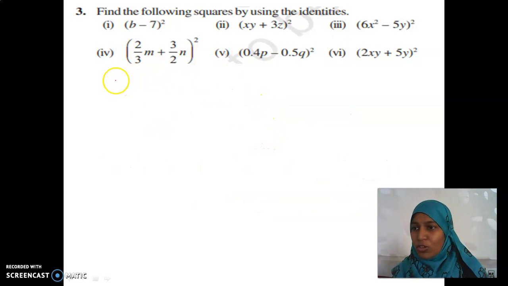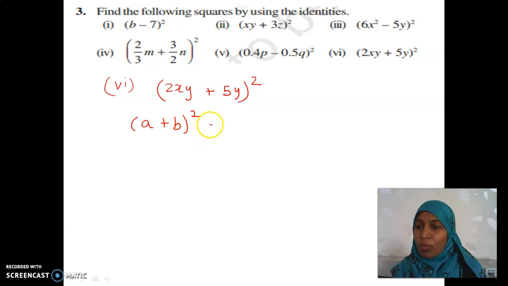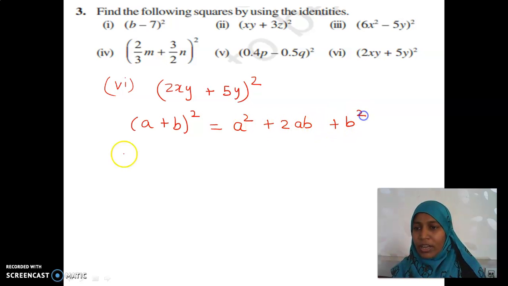Here I am going to do the 6th problem: 2xy plus 5y the whole square. Which identity am I going to use now? Very good, a plus b the whole square. Come on, every time write the identity so that it will register in your mind. a squared plus 2ab plus b squared.